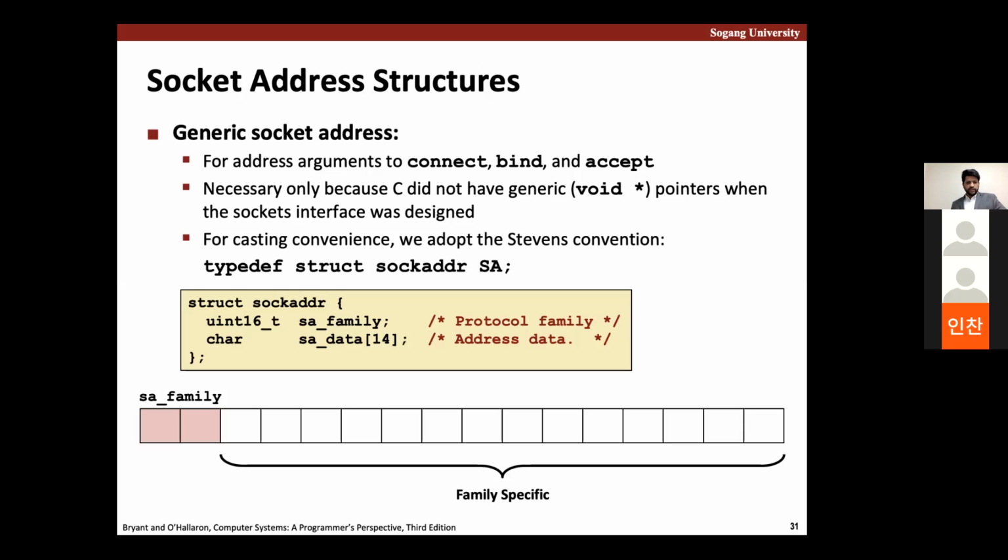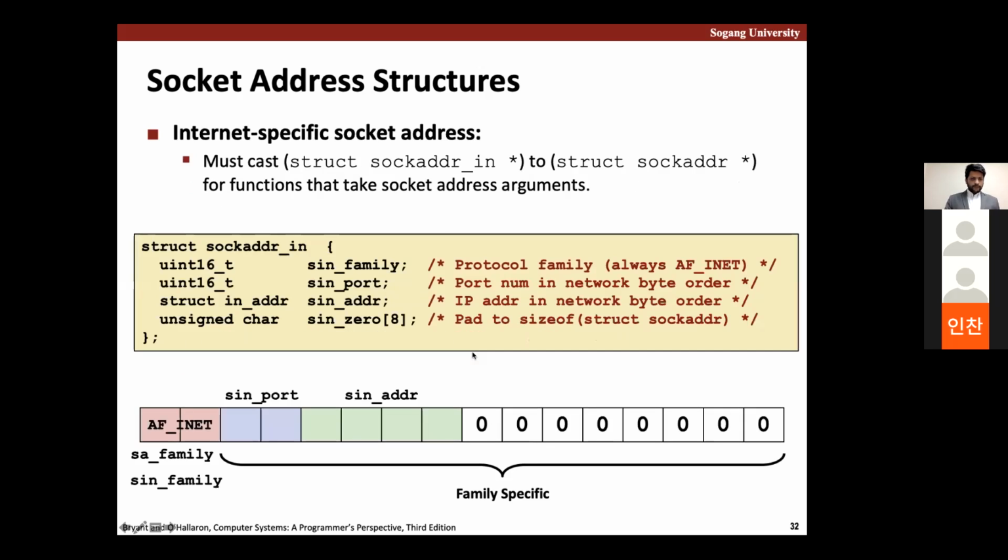For explicit casting convenience, they adopted the Stevens convention, which typedefs the socket address structure. Whenever you use the Stevens socket address structure, you must explicitly cast from the protocol-specific structure to a pointer to the generic socket address, for the functions that take a socket address as an argument.